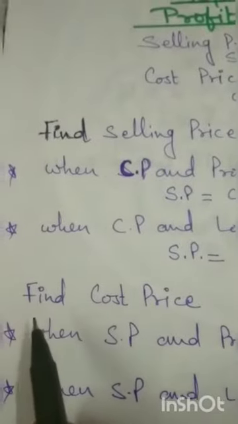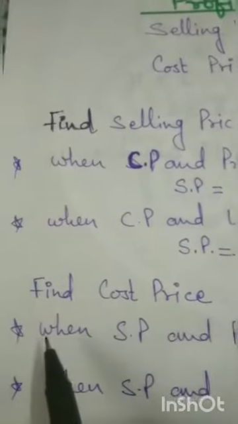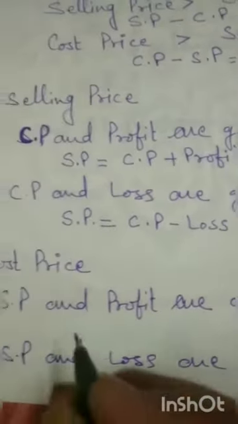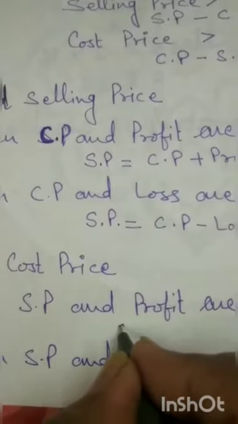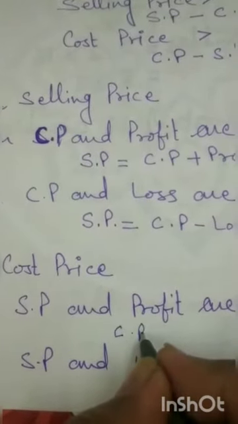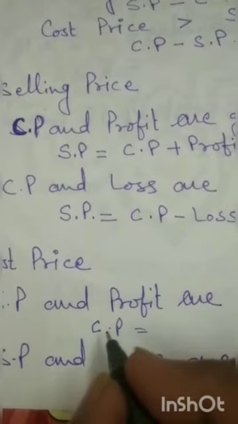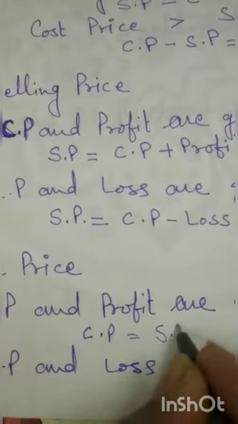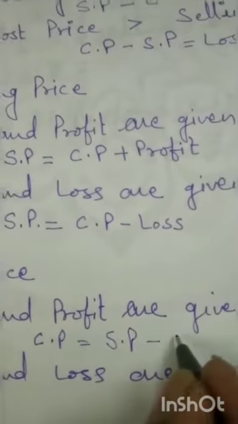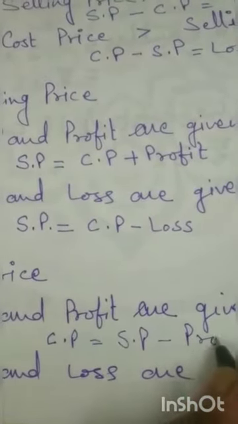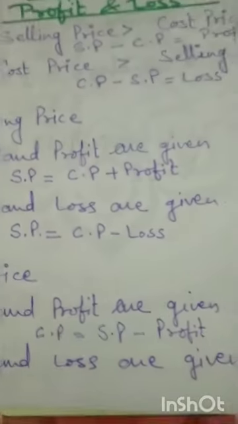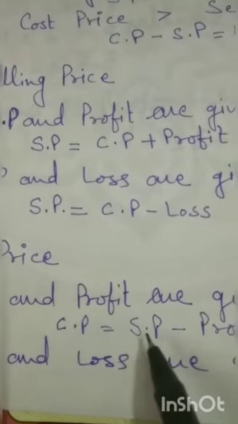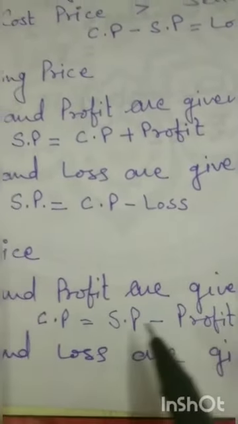How do we find the cost price when SP, meaning selling price, and profit are given? To find the cost price, we subtract the profit from selling price. So the formula is cost price, CP, is equal to SP minus profit.